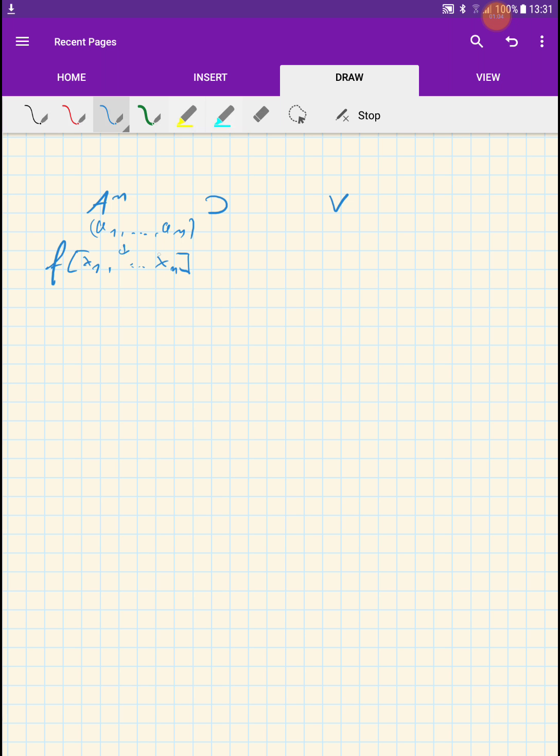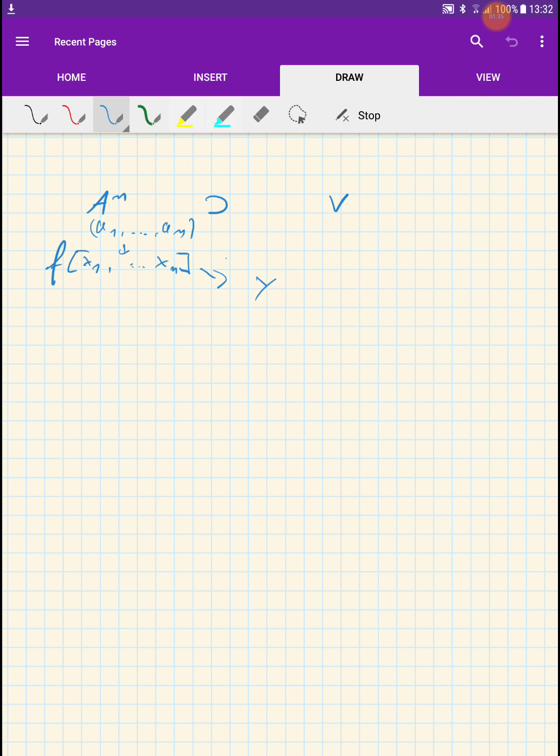So you plug this in this polynomial and you get a value, you get a number, which is an element of the field. Let's say this is called y. So this polynomial evaluated at the point a1 to an gives this number y.